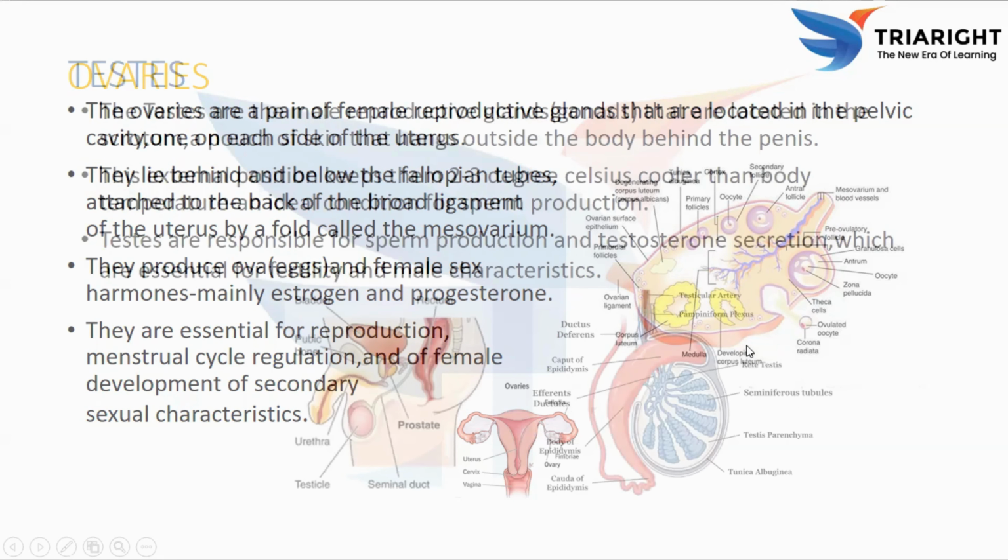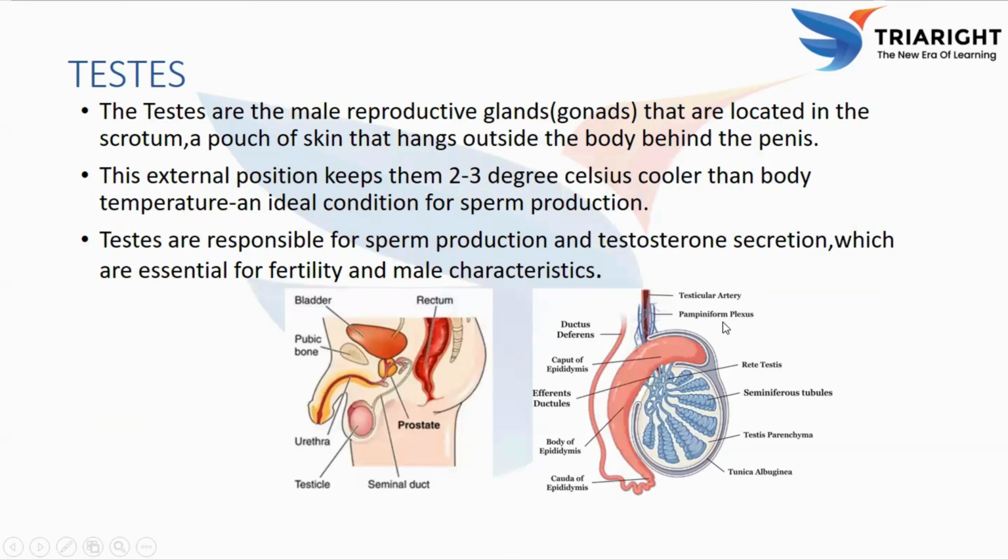Now next, coming to the next gland, the testes. Ovaries are related to the female reproductive system, whereas testes are related to the male reproductive system. Testes is the plural form, whereas the singular form is testis.